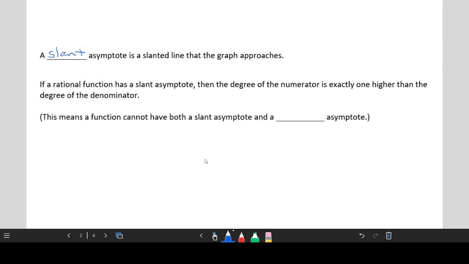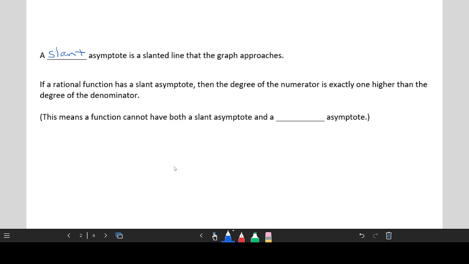The only time a rational function is going to have a slant asymptote is if the degree of the numerator is exactly one higher than the degree of the denominator. And when we discussed horizontal asymptotes, we had three cases, right?